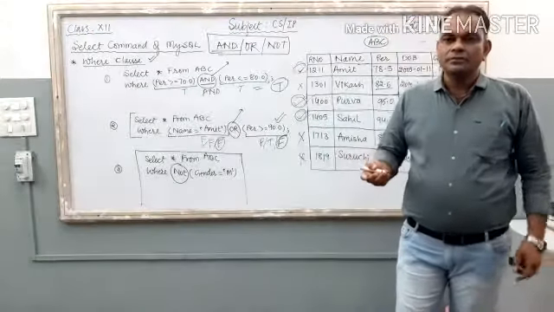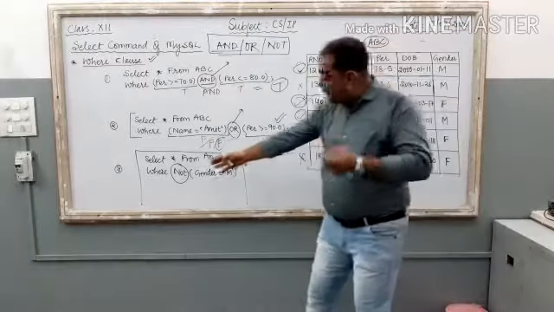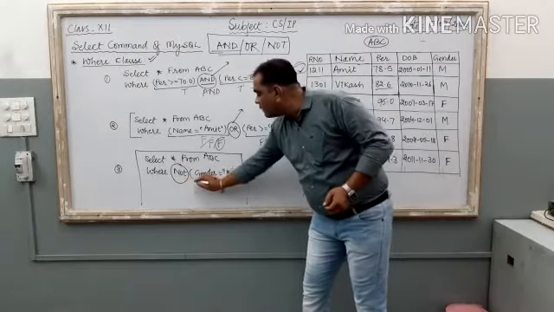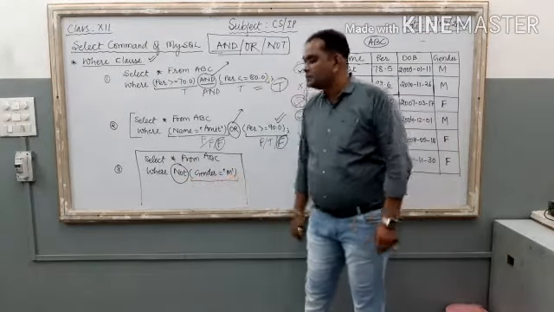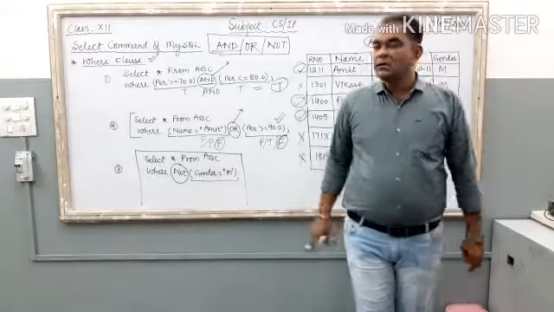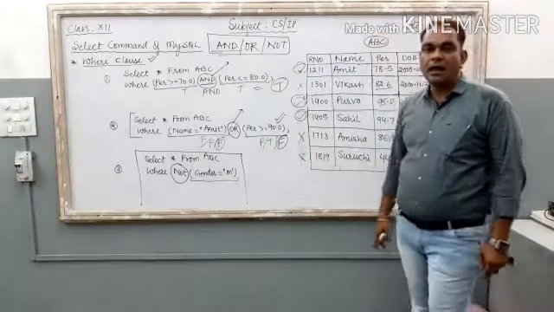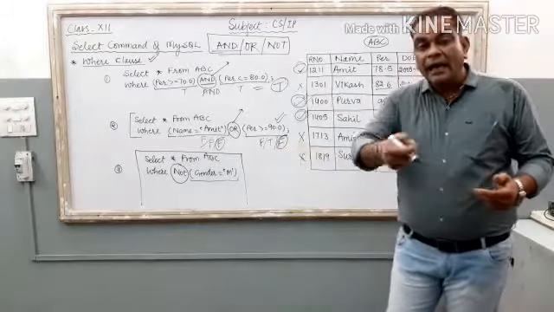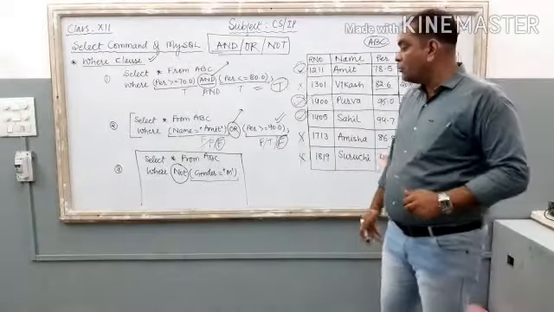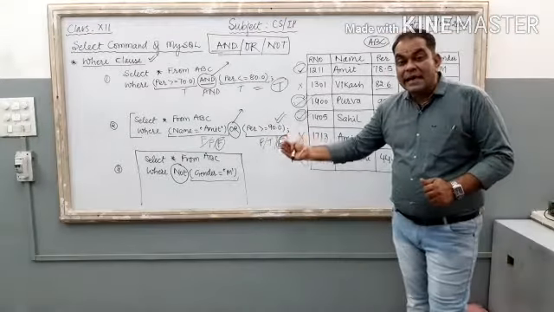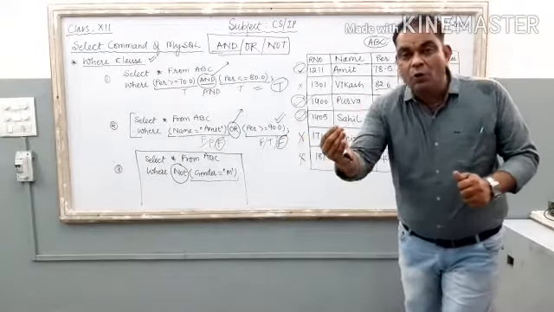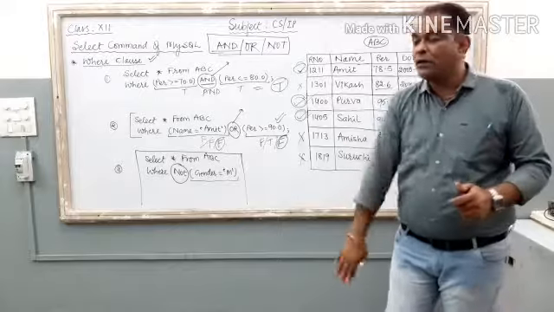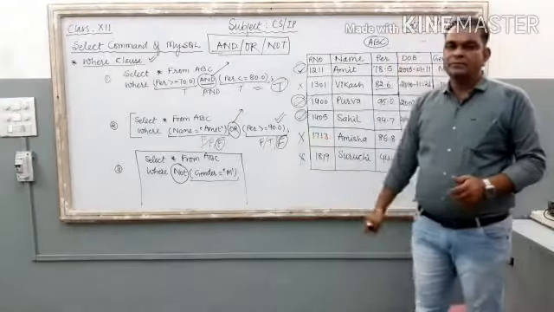Not means no. Just check it out. Where not and one condition. Condition is gender equal to M. आपने क्या बोला? If you are going to translate this portion into Hindi, what is the output? जिसका gender male नहीं हो, not means नहीं हो, right? तो कौन से रिकॉर्ड है?